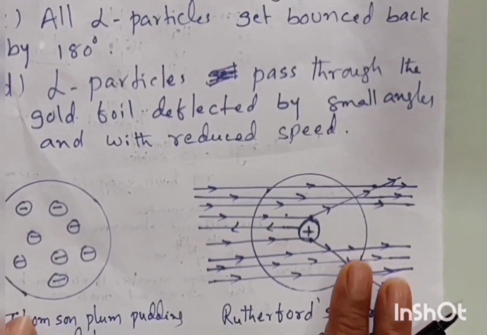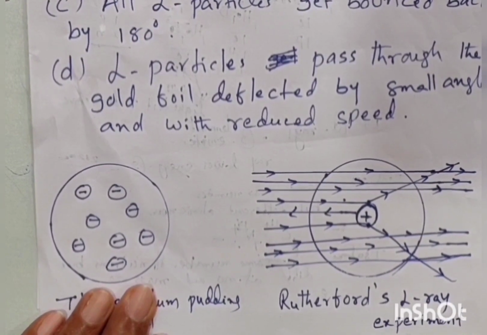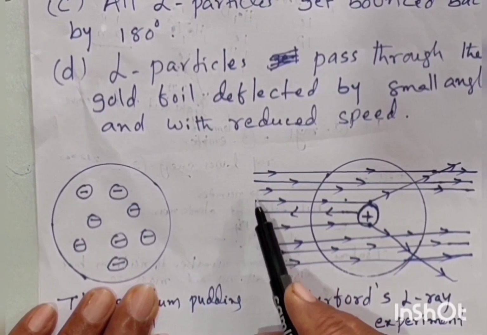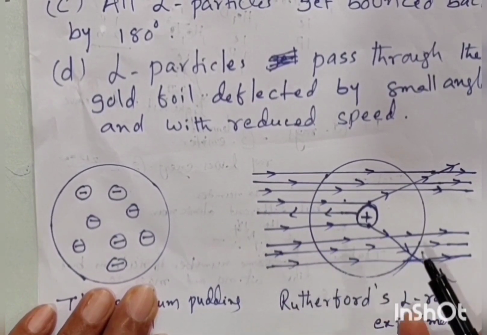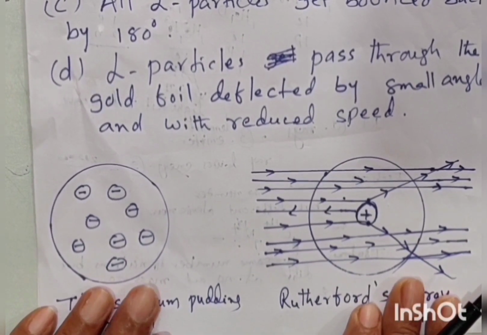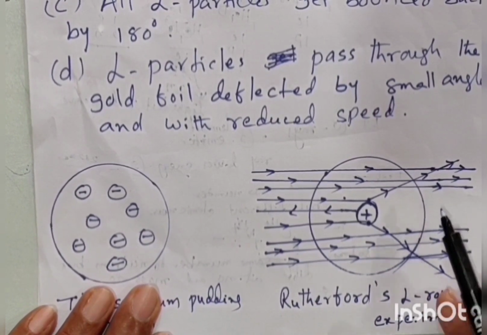In Rutherford's atomic model, using the alpha ray experiment, most alpha particles penetrate through the gold foil, so most of the atom is empty. Very few alpha particles deviate by small angles.